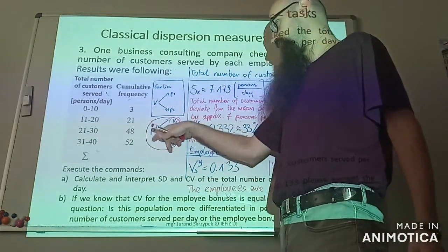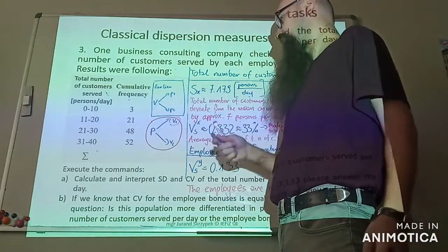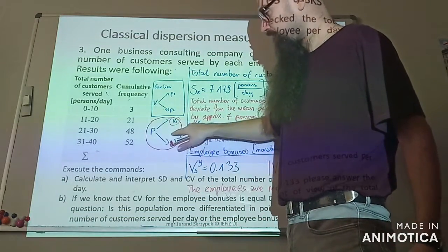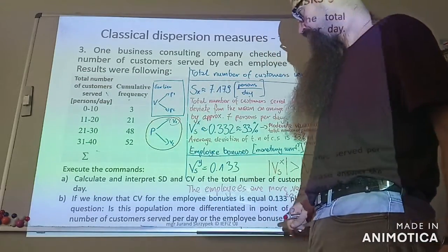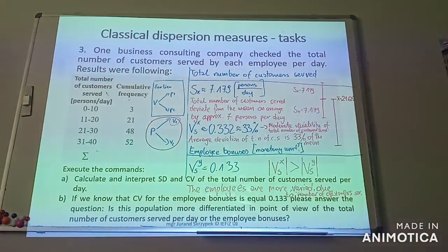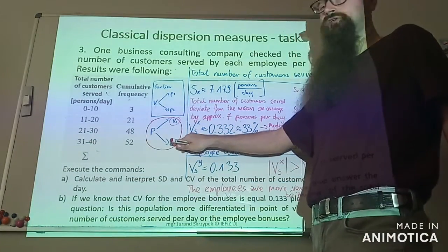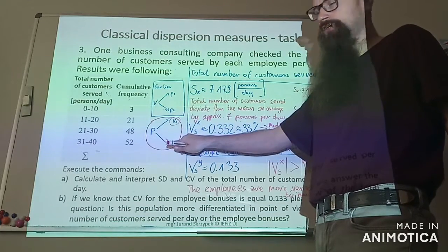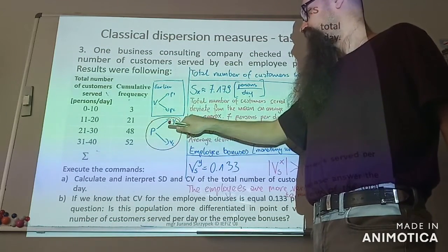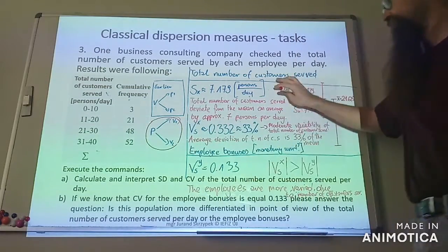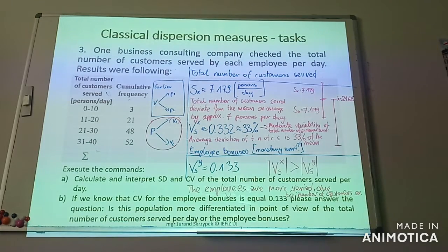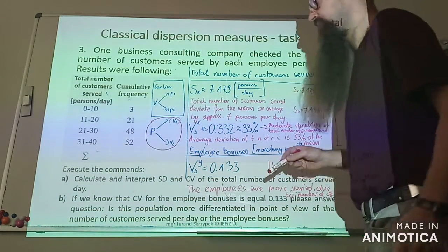So the members of this population, the employees, are more similar to each other in respect of the employee bonuses, more similar to each other. Here, more differentiated in respect of total number of customers served.